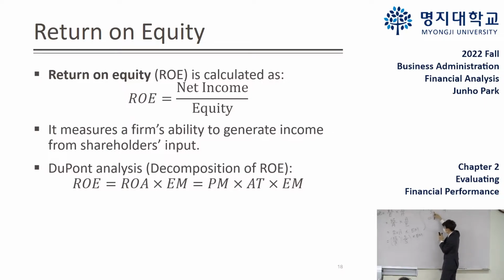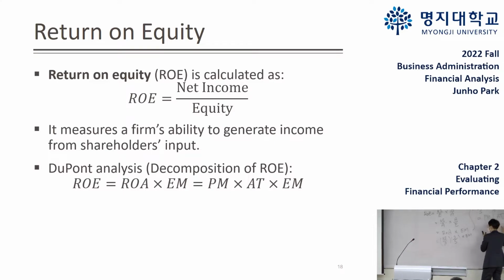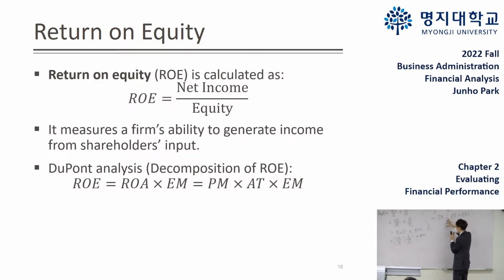And then net income over sales is profit margin, and sales over asset is asset turnover, and we have equity multiplier. So therefore, ROE can be represented as profit margin times asset turnover times equity multiplier.